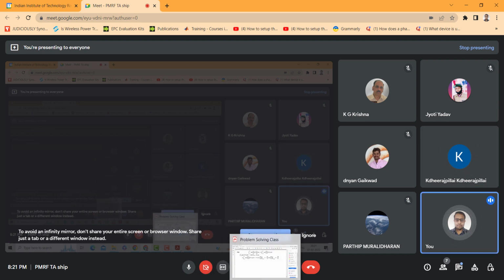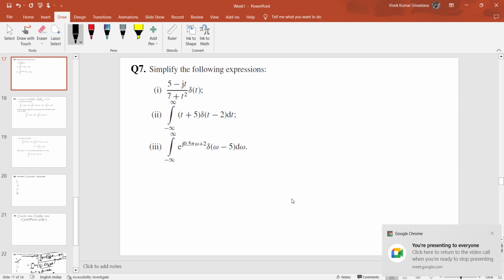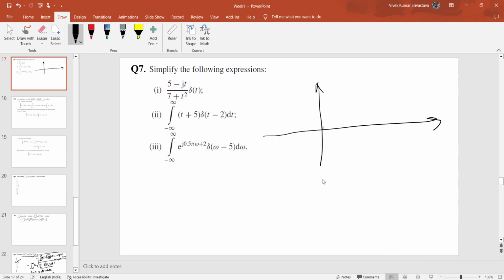A periodic signal is a kind of signal where you are seeing whether the signal is repeating itself or not. Like a sine signal. If you see the sine signal, it is basically repeating itself after an interval of 2 pi. If this is my theta, the sine signal repeats itself after a period of 2 pi.